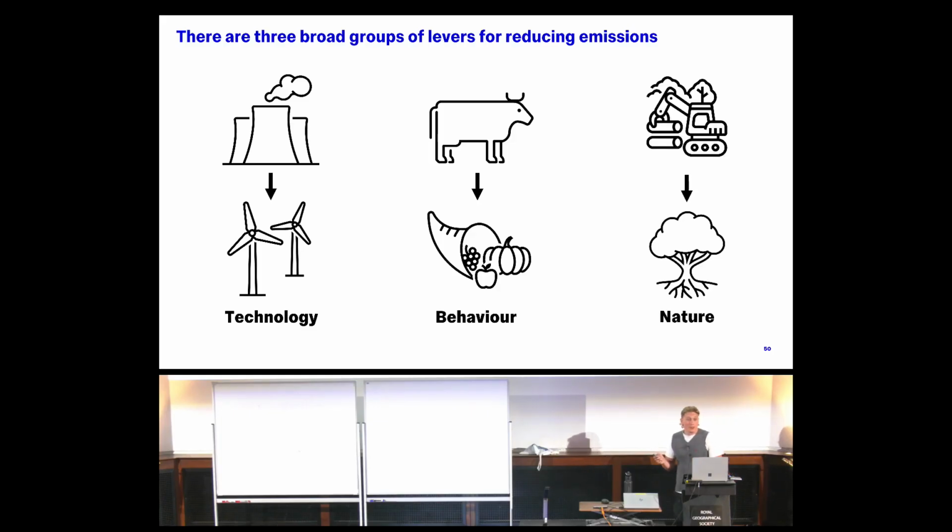Lastly, we've got natural solutions, and I've touched on some of those already, but natural solutions encompass everything from reducing deforestation to storing carbon in soils. To qualify as a natural solution, you're storing carbon either in growing biomass or in soils. And so 3 different groups of levers that we can pull.